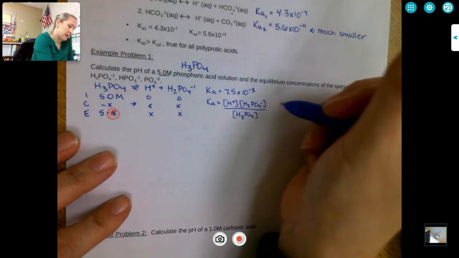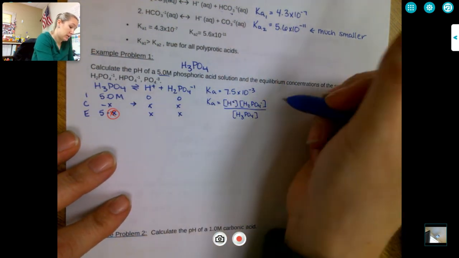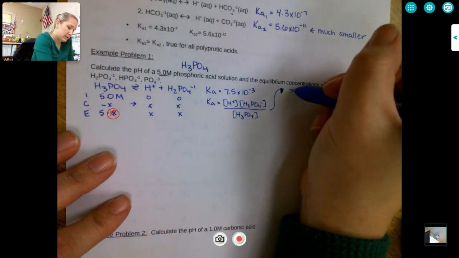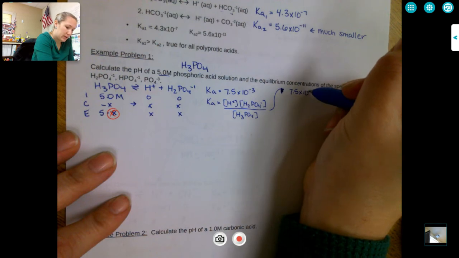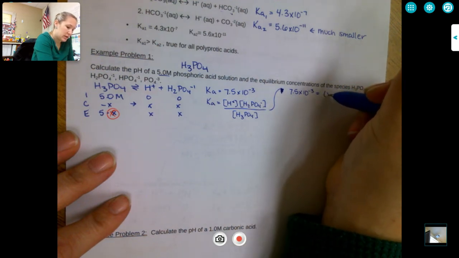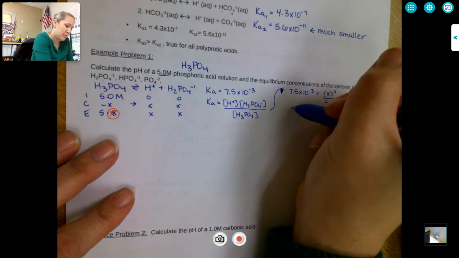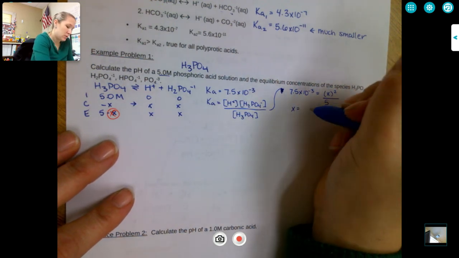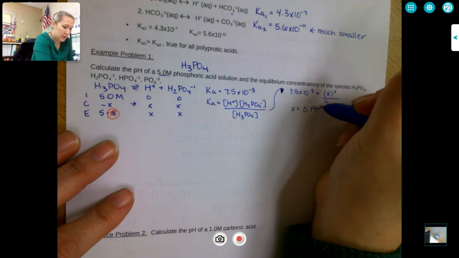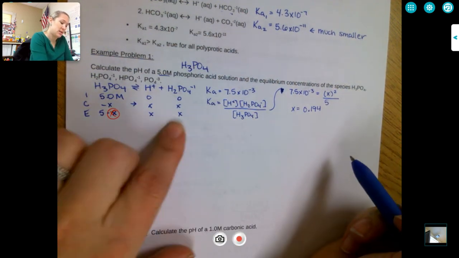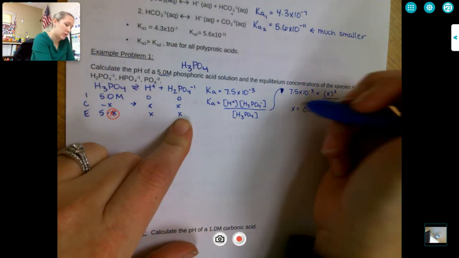So we plug in: 7.5 times 10 to the negative 3 equals essentially x squared on the top and 5 on the bottom. We find that x is equal to 0.194, and that is my hydrogen ion concentration and my concentration of H2PO4 minus.